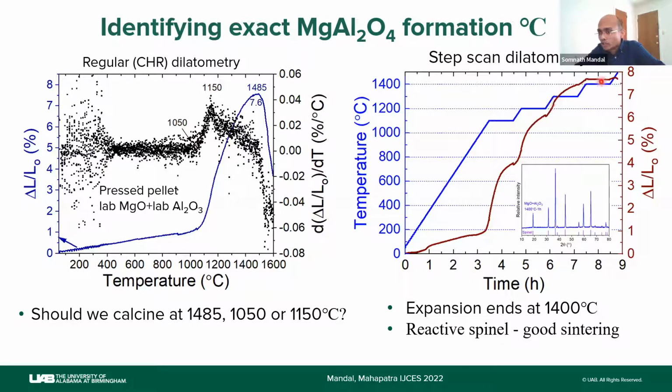And when the expansion stops, that's when your phase formation has completed. So 1400 degrees C is the temperature at which lab grade spinel formation completes, and we confirmed this with XRD. We got phase pure spinel. So this spinel has just completed reactions. It's highly reactive. It will give you very good sintering, and that's ideal for refractory manufacturing.